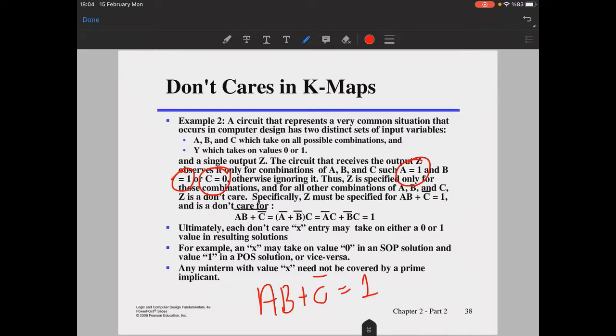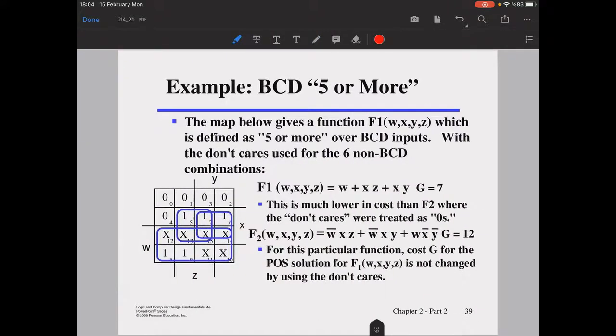Otherwise, don't care for all of the remaining conditions other than this, it will give you X. In this condition, you can treat them as zeros or ones due to your liking. It will result in a more efficient solution for you.